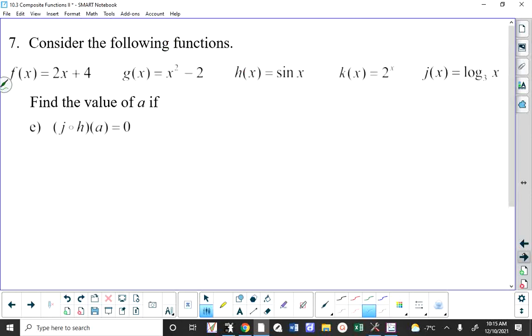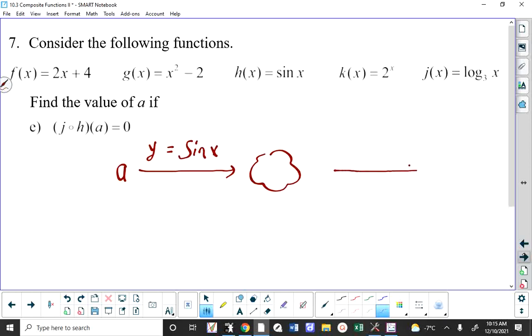J of h of a is 0, which is h of x, or y equals sine of x. Then it goes through j, which is y equals log base 3 of x, and we get 0. So what I need to do here is solve this equation, 0 equals log base 3 of x, and you get 1.